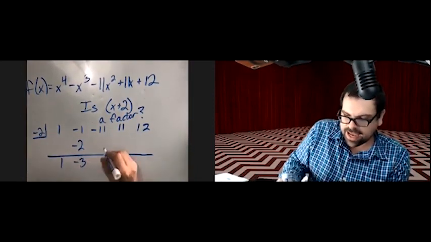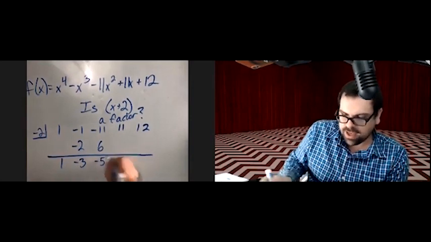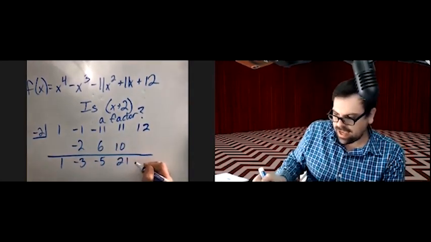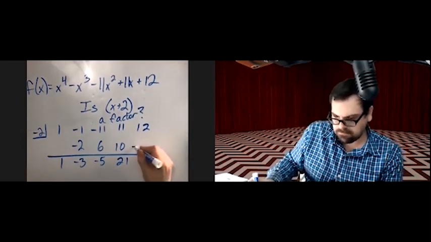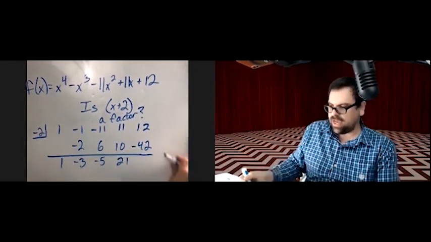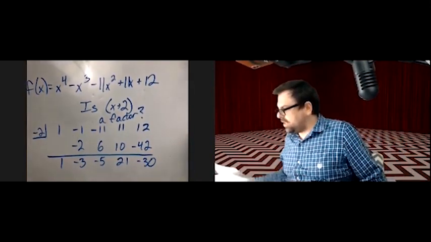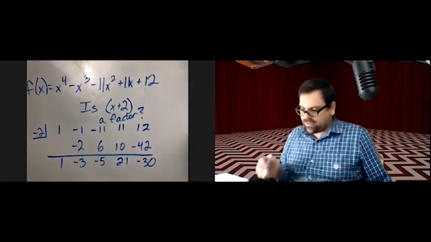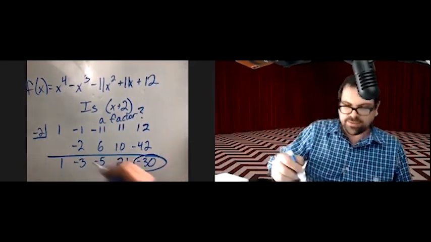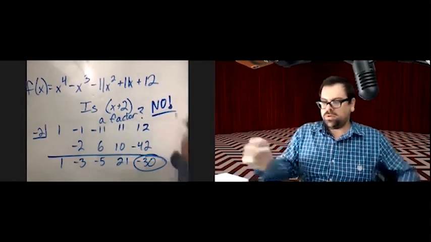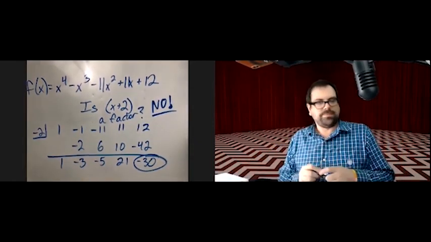Multiply, add, multiply, add, multiply, add, multiply, add. Negative 30 is the remainder, not 0. So no, it is not a factor.